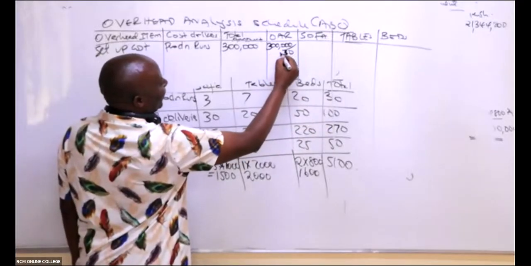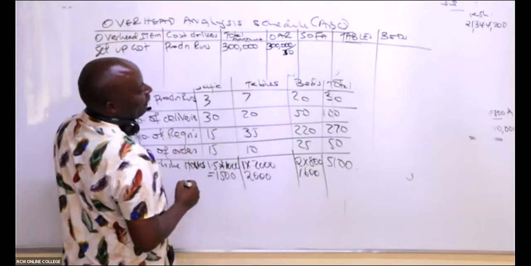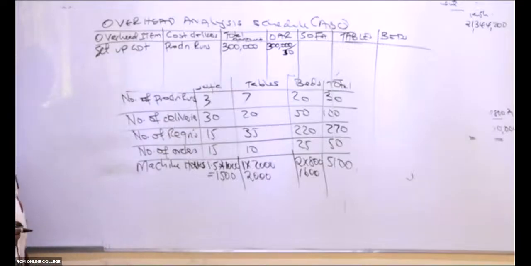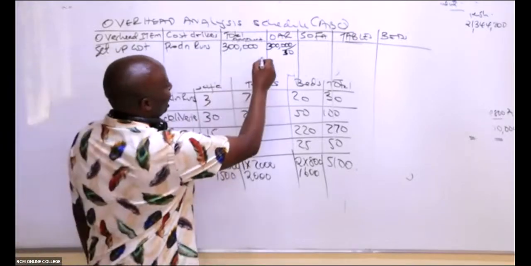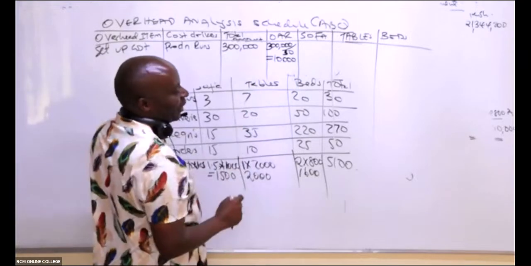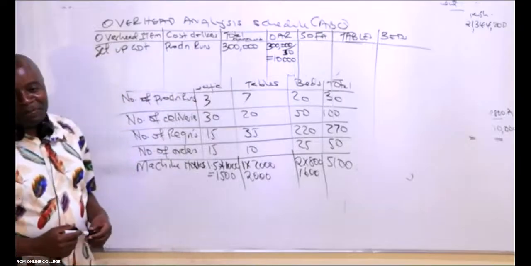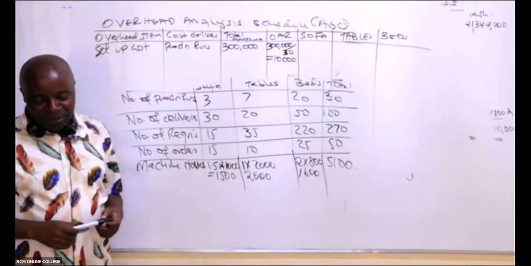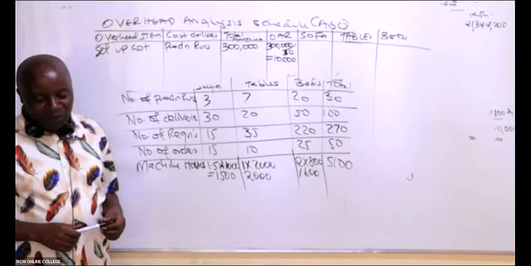So divided by 30, 10,000. So now this is 10,000 per run.